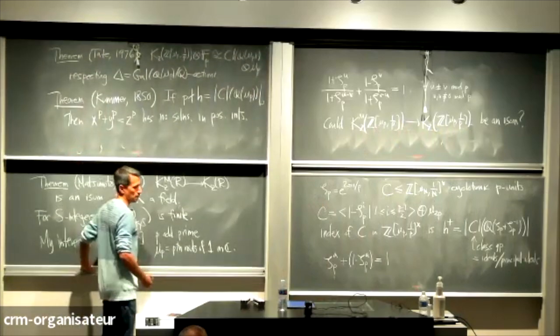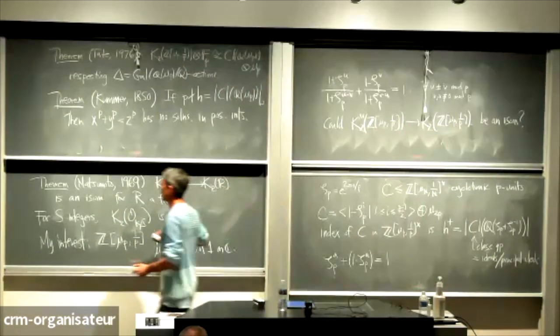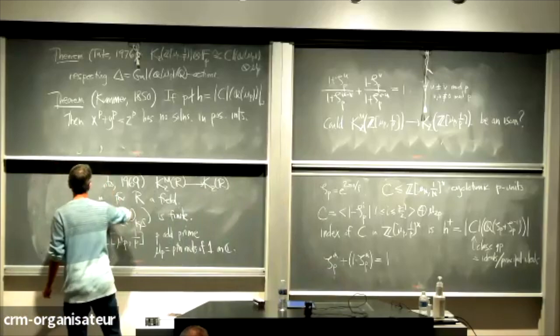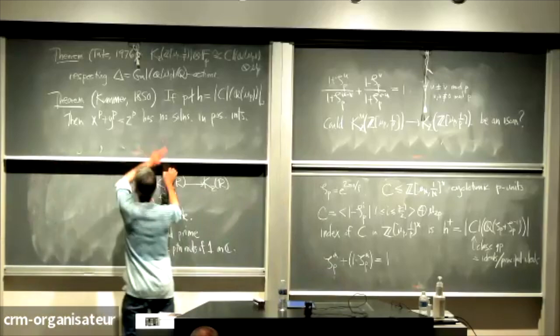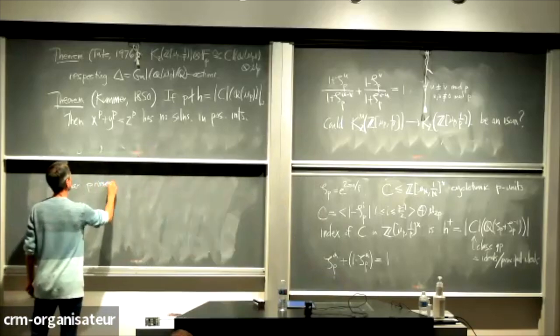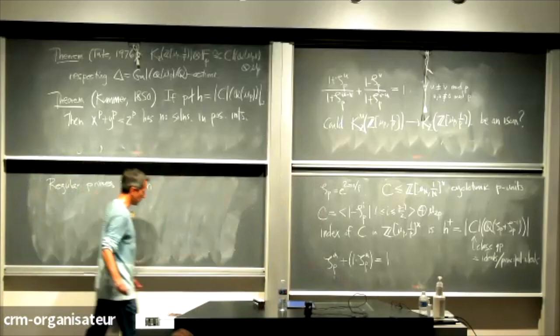He also proved another theorem in 1852. So primes such that p does not divide h, like in this theorem, are called regular primes. And otherwise called irregular.